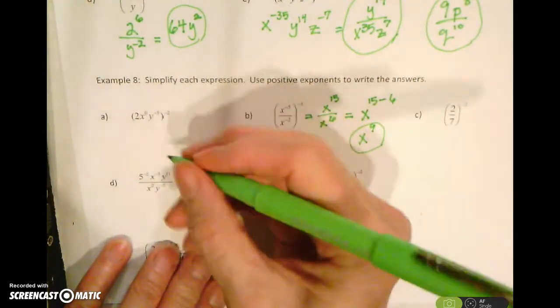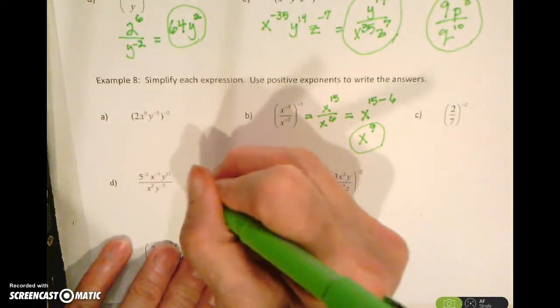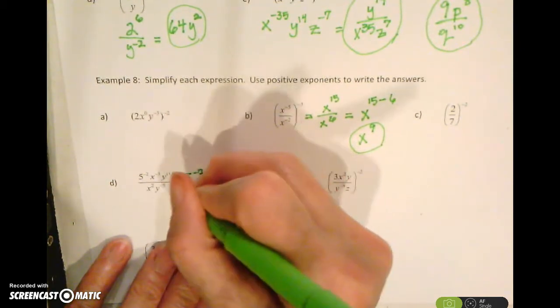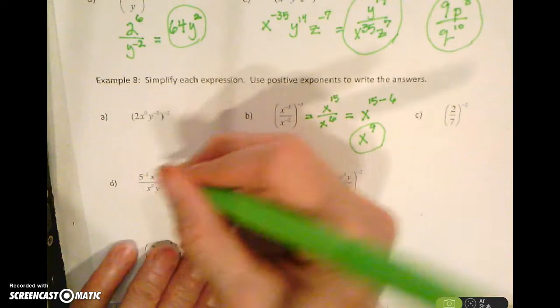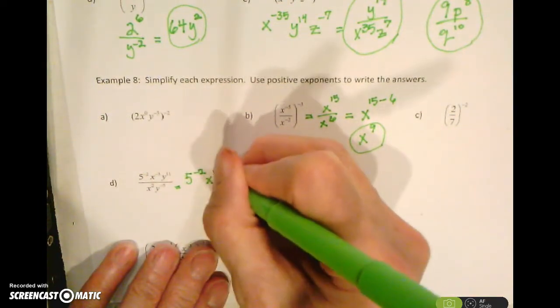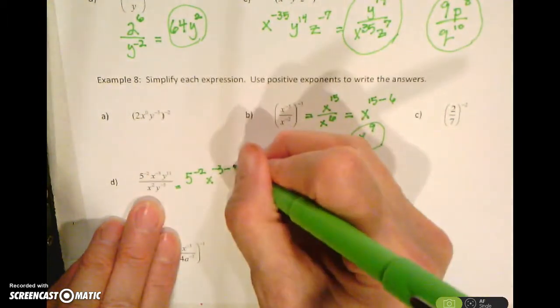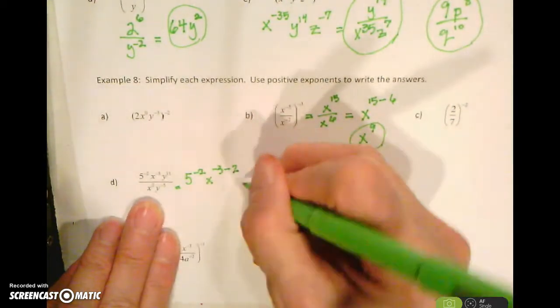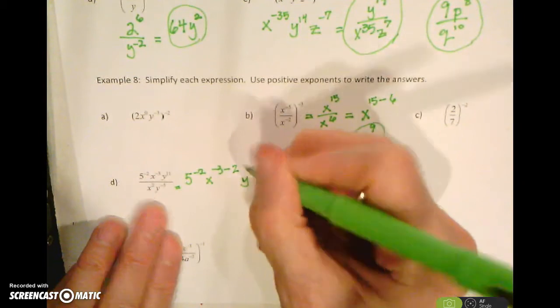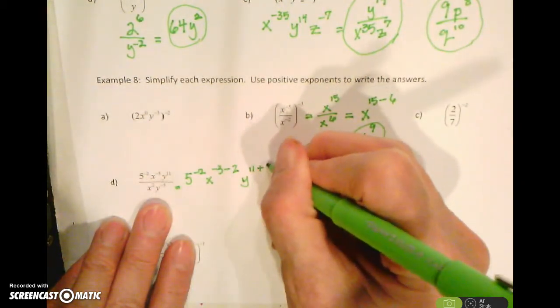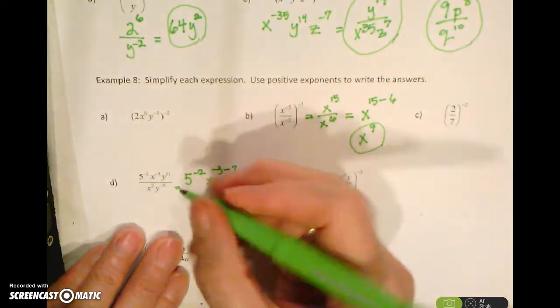D, let's see here. We'll have, let's write it, 5 to the negative 2. I'm going to combine my x's. So I'm going to have negative 3 subtract 2. So I'm going to subtract my exponents and then I'm going to have y to the 11th, and then subtract negative 5, so that's going to make it plus 5.